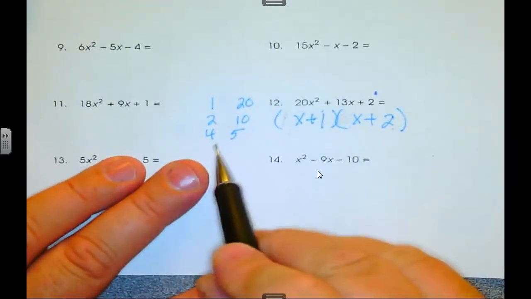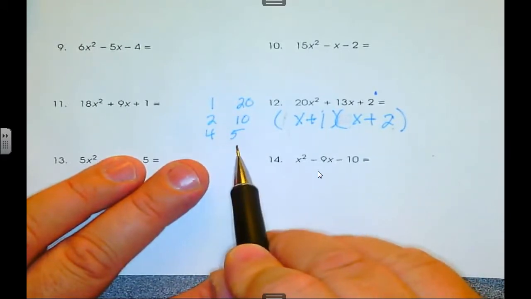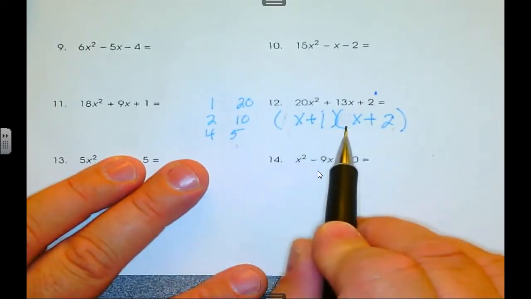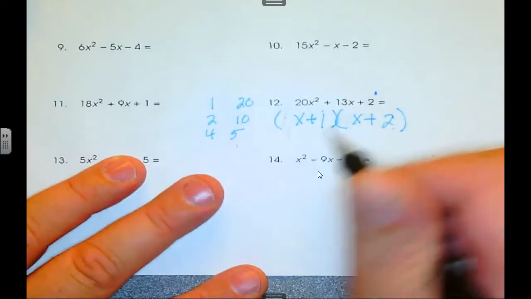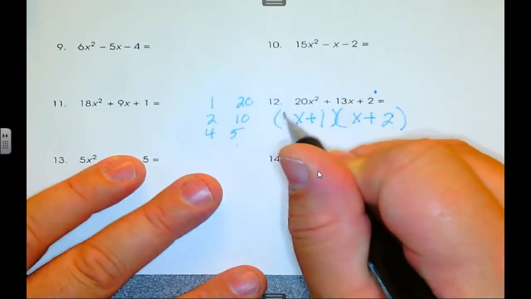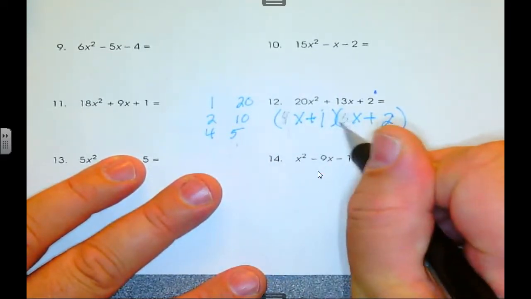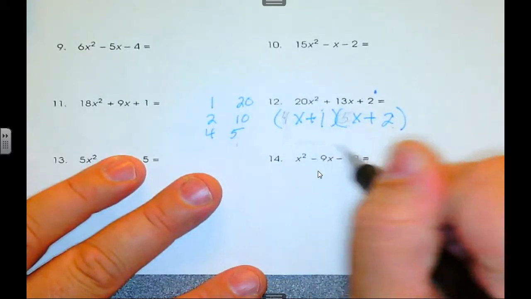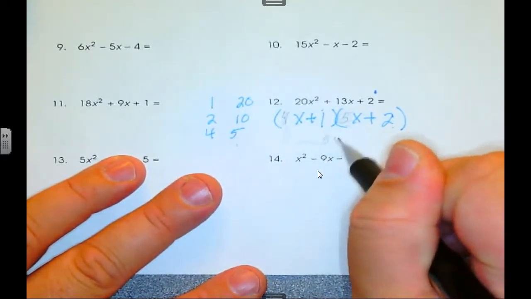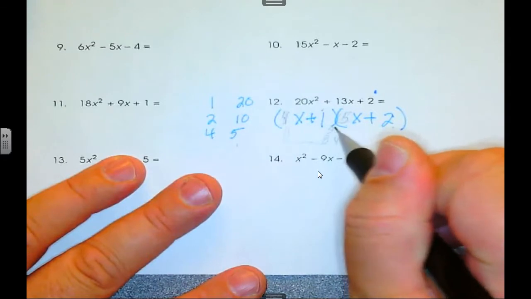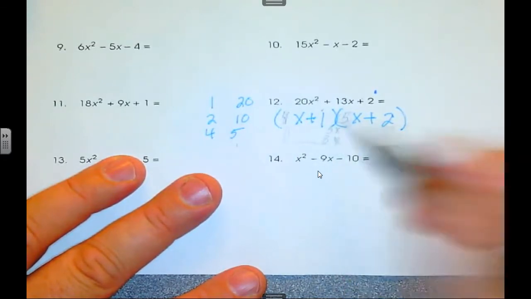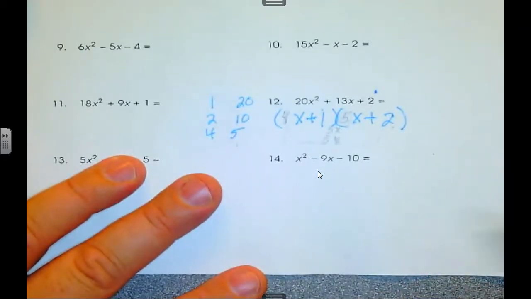So I'm going to try the 4 and the 5 because I want them pretty close together, because 13 is a pretty low number. If I put the 4 here and the 5 here, that gives me 8x and 5x. Guess what? That's my 13x.